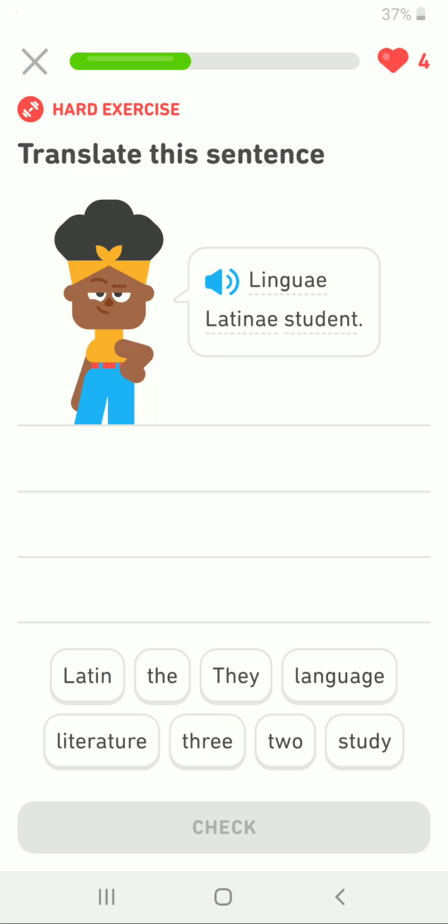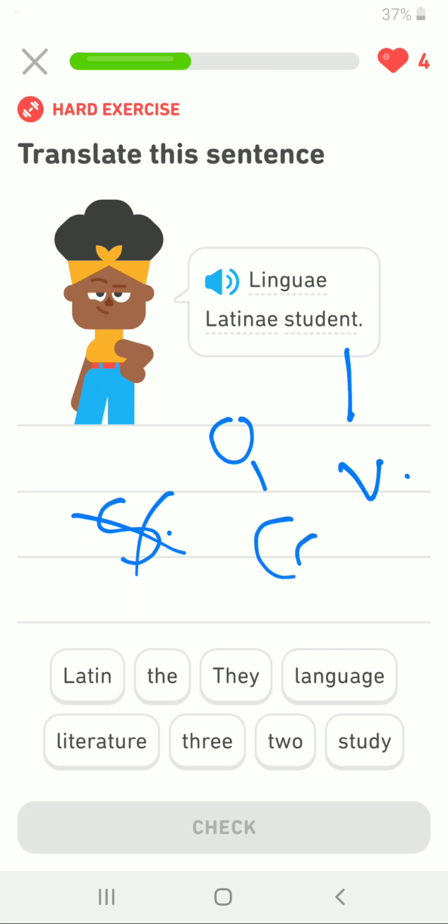They study lingua latina. Since this is a verb, the subject is not here, because it's understood, right? And so the object is lingua latina. Because of this, we have to put it in the correct form, and it is linguae latinae.